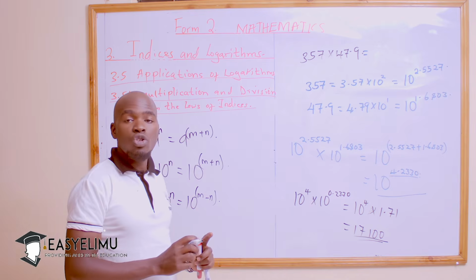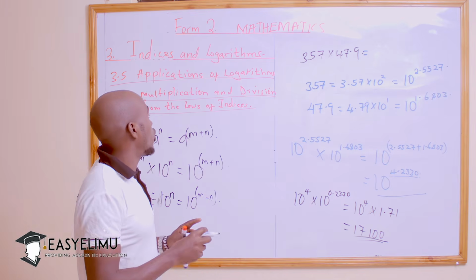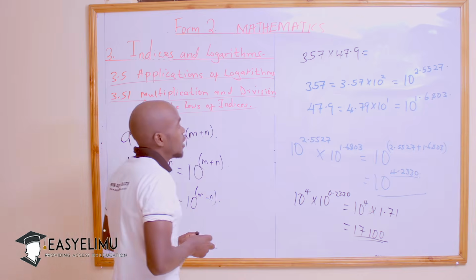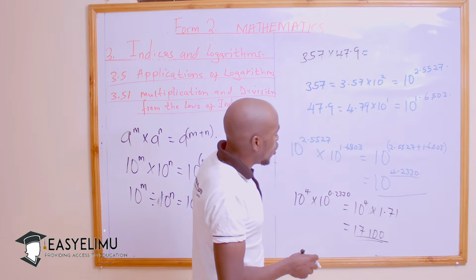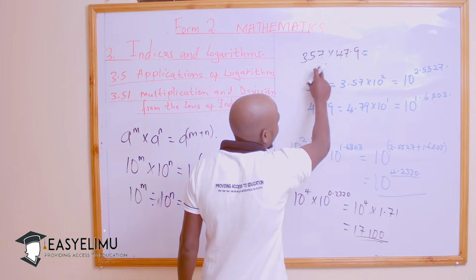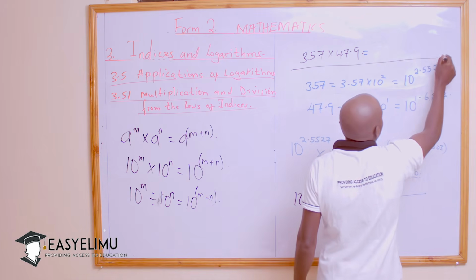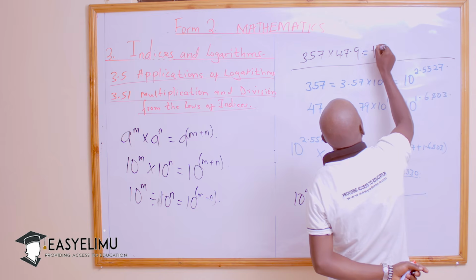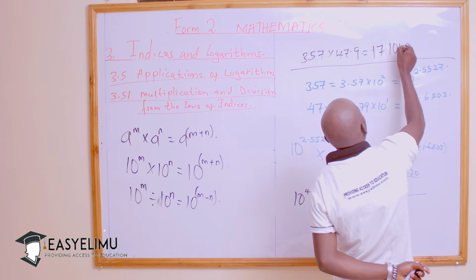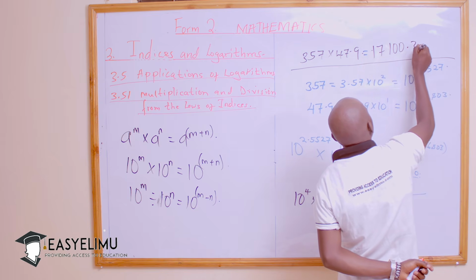That is when you use the mathematical table or the logarithm to compute the value of 357 times 47.9. If you compute this directly by long multiplication, you are going to have a value equivalent to 17,100.3.